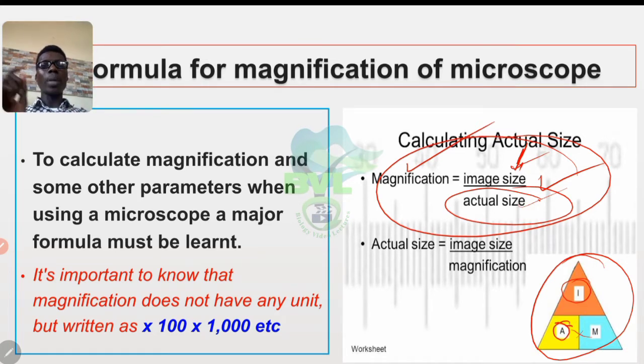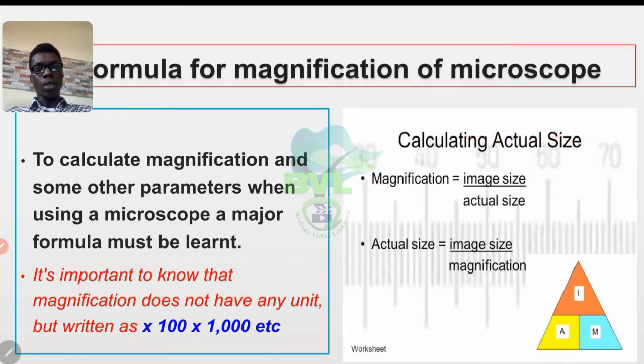It's important to know that magnification does not have any unit. Why? Because if the image size was in centimeters and the actual size was also in centimeters, the units cancel each other out. So you just write it as times 100. That means it's 100 times bigger, 1000 times bigger, and you can go on and on.